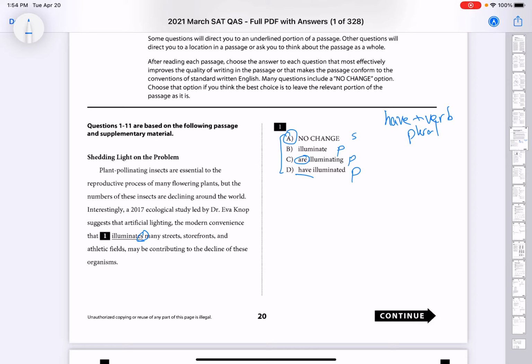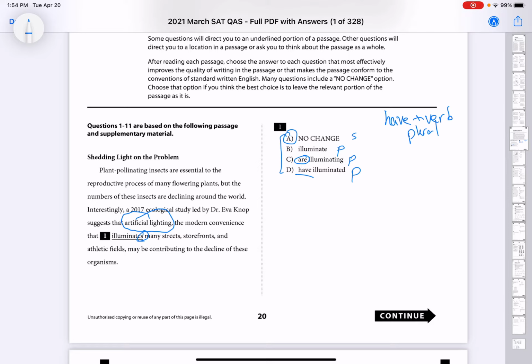It says, plant-pollinating insects are essential to the reproductive process of many flowering plants, but the number of these insects are declining around the world. Interestingly, a 2017 ecological study led by Dr. Eva Knopp suggests that artificial lighting, so what we have here is the subject, artificial lighting, the modern convenience that illuminates many streets. So what illuminates many streets is the artificial lighting.